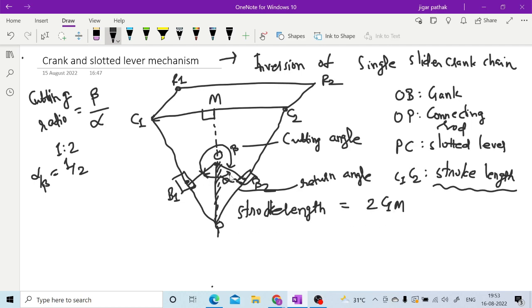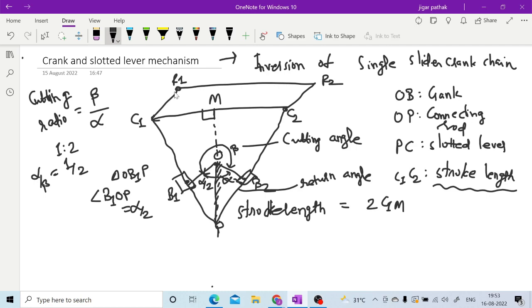Now, as this angle is alpha, in triangle OB1P the angle B1OP is alpha by 2, right?